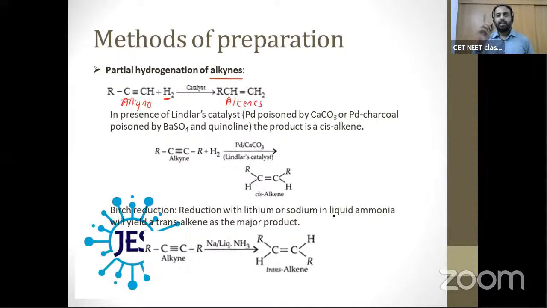But there is one complication. The alkene formed further gets reduced, further gets hydrogenated to an alkane. So the reaction cannot be stopped at the alkene stage, because the alkene formed is also highly reactive. It reacts with hydrogen again to give you alkane.